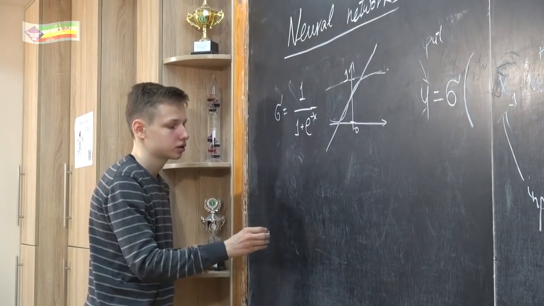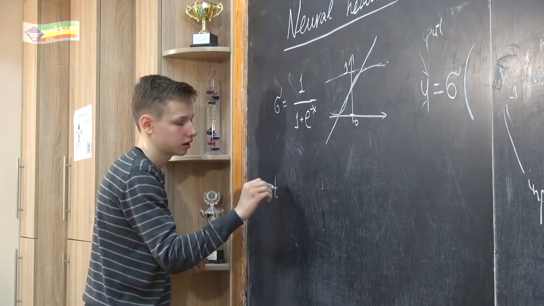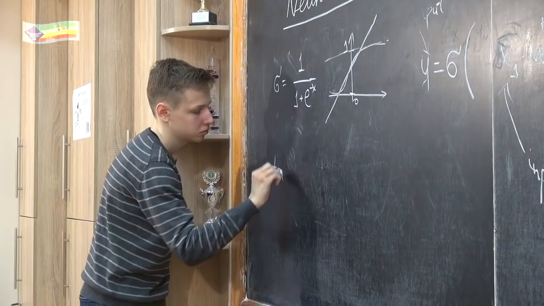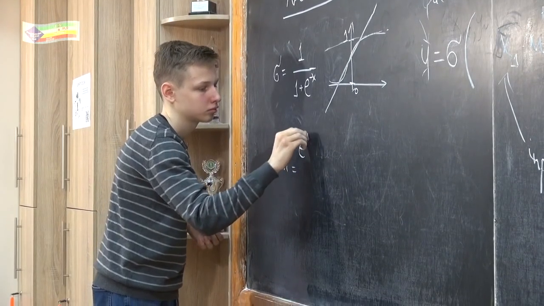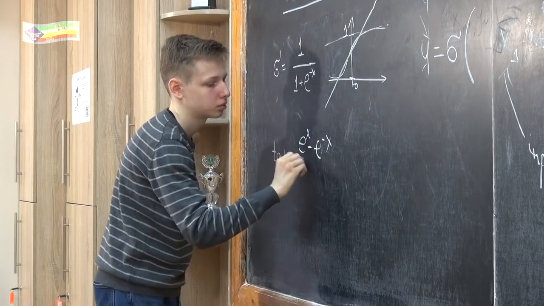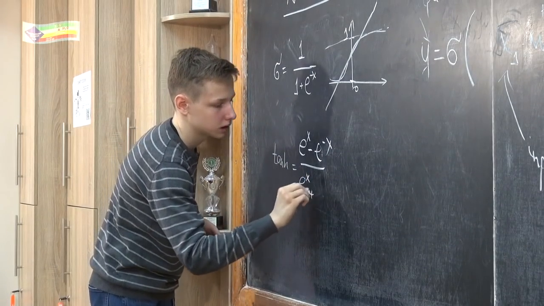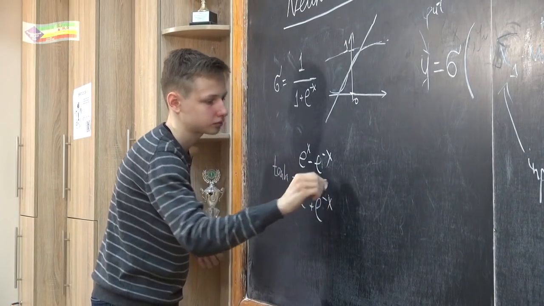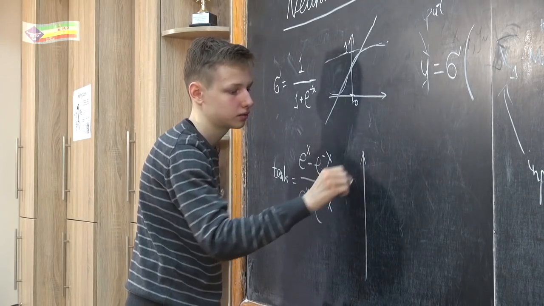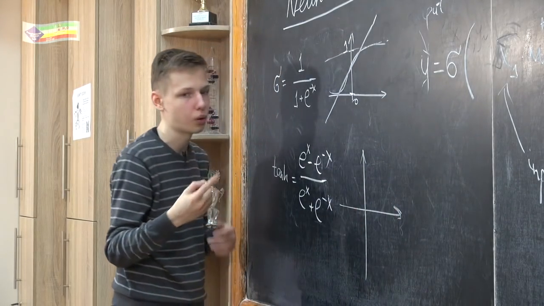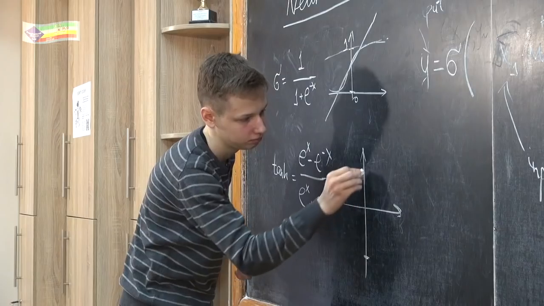And another function is called hyperbolic tangent. It was also given probably as an example. And this function is bounded between 1 and -1.